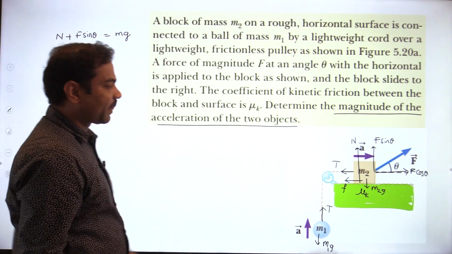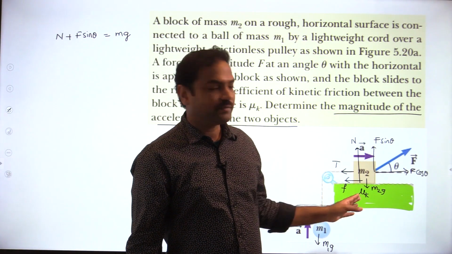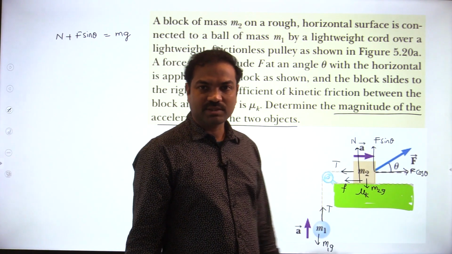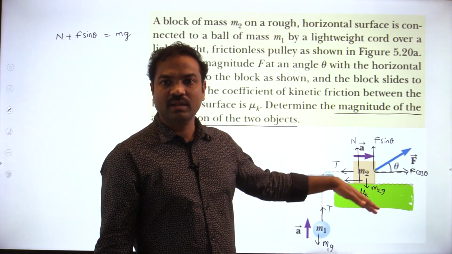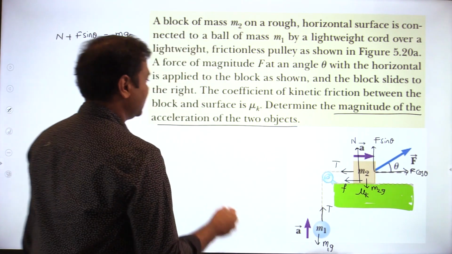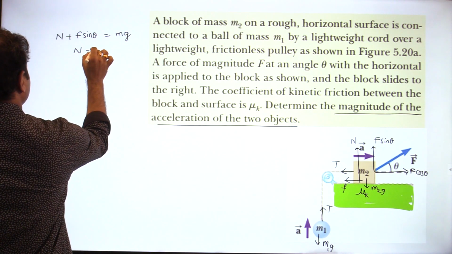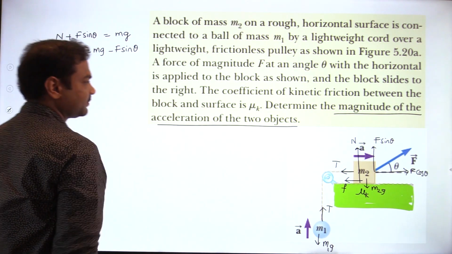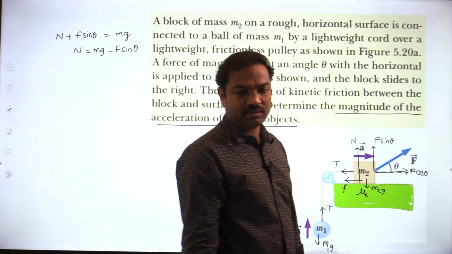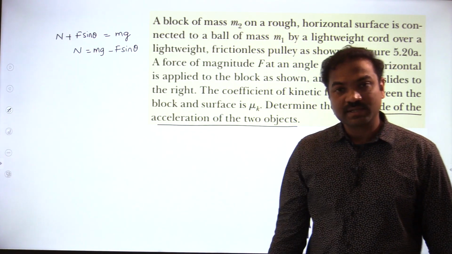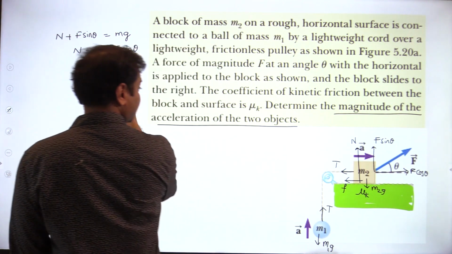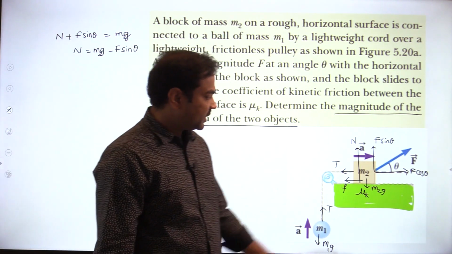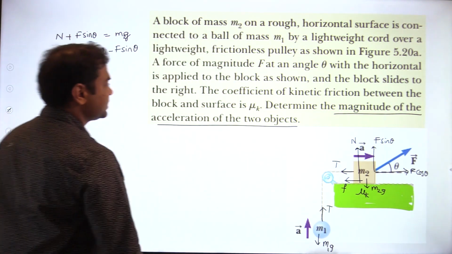See once: the total vertical force acting upward is the normal reaction plus F sin theta, and the total force acting downward is m2g. Vertically the block is not moving, so you can balance the forces. The normal reaction value is mg minus F sin theta, where m is nothing but m2 here. So m2g minus F sin theta is the normal reaction.